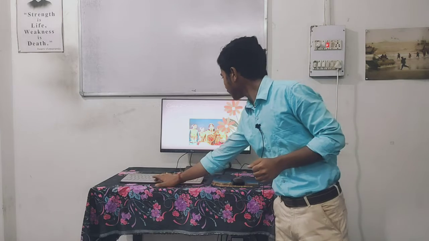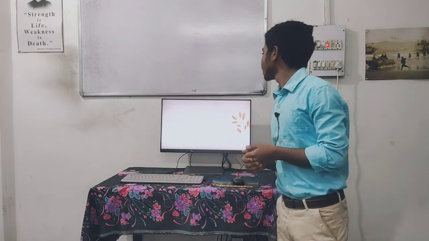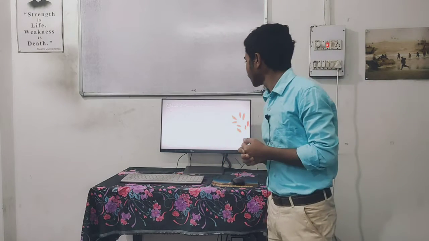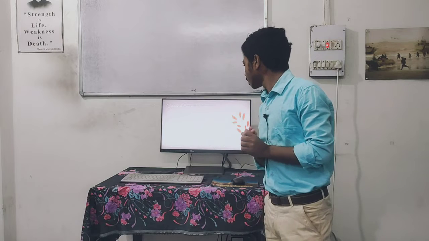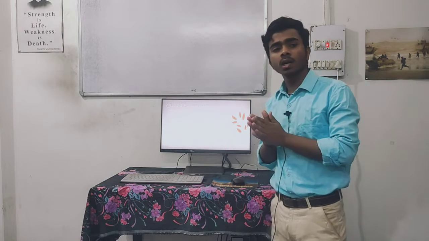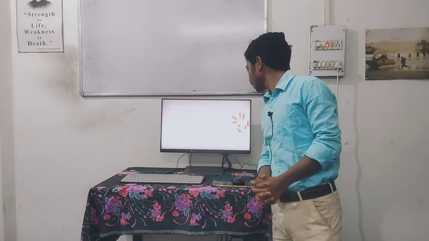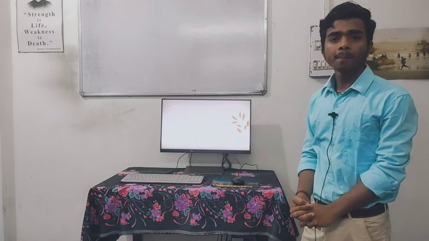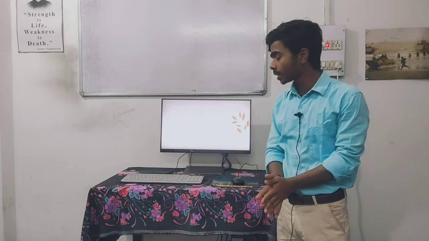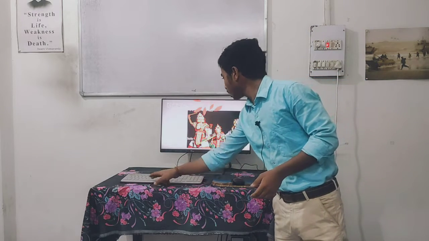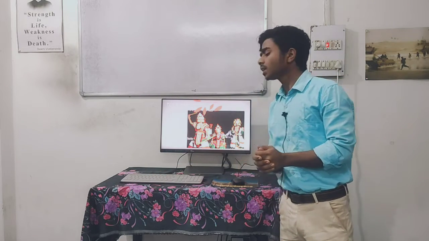Some popular playwrights are Ashwaghosh, Bhasa and Sudraka, and Kalidas, whose writings include Malvikagnimitra, Vikramorvashi and Shakuntala. These are major and popular writers who wrote many works.